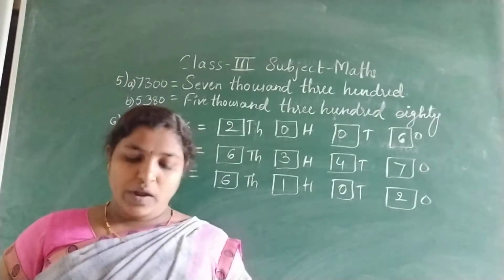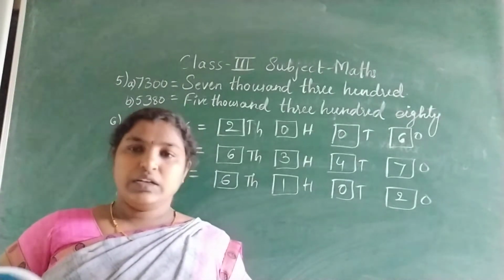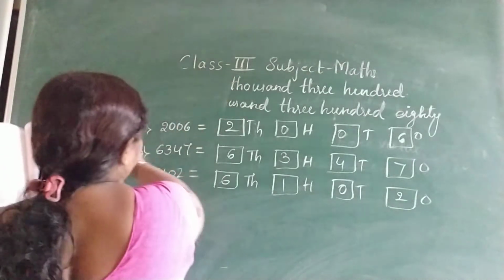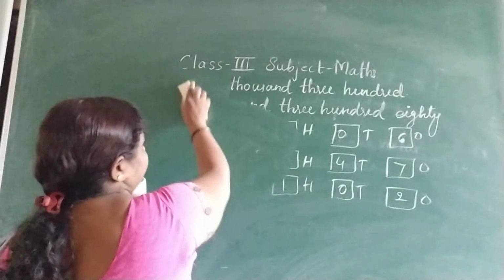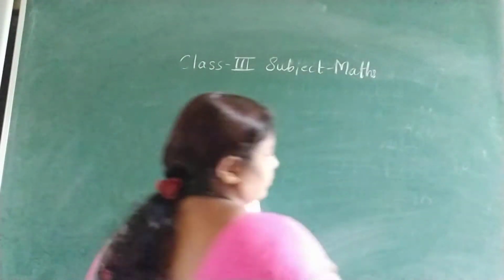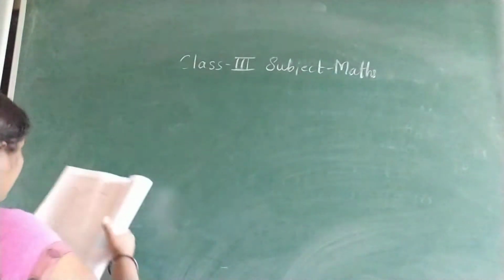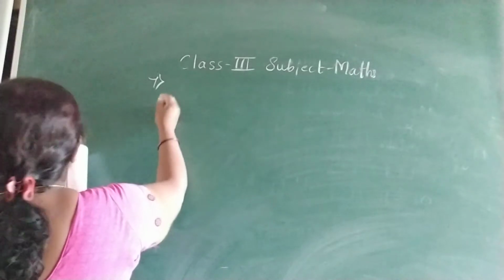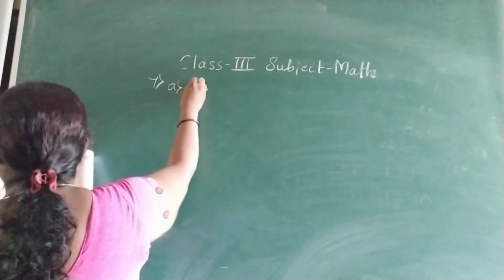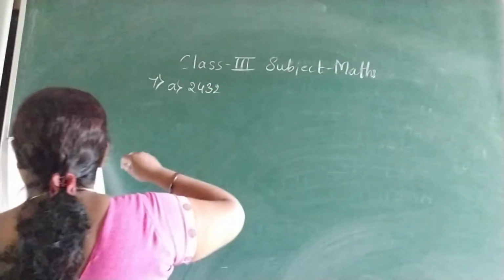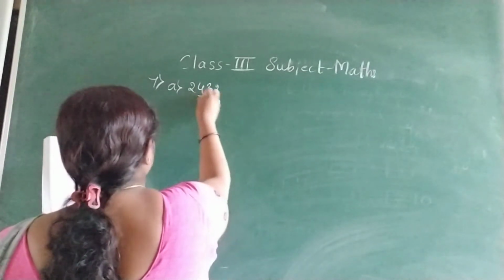Write the place value and face value of the underlined digit. Question number 7. A. 2,432. So 4 has underlined.